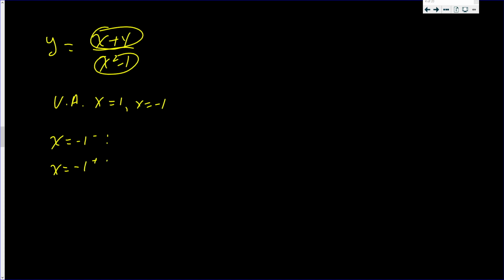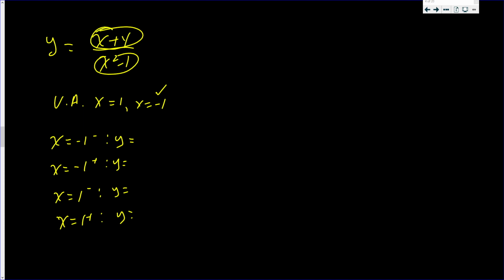If x is a little bit more than negative 1, and what happens when x is a little bit less than 1? And when x is a little bit more than 1. What does y equal? And I'll give you a hint. It's a big hint. So these are going to be infinity or negative infinity.